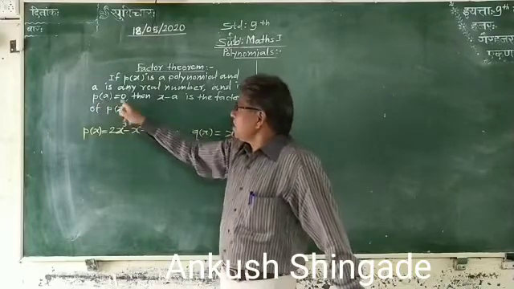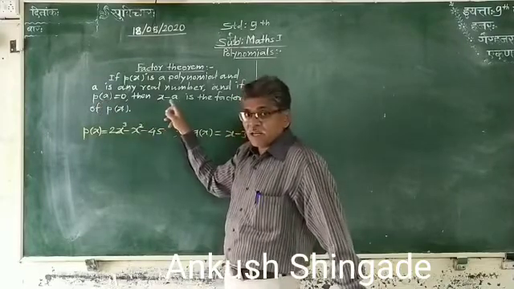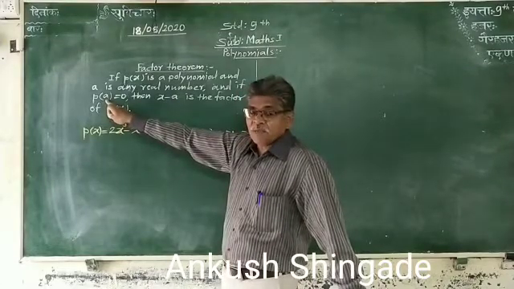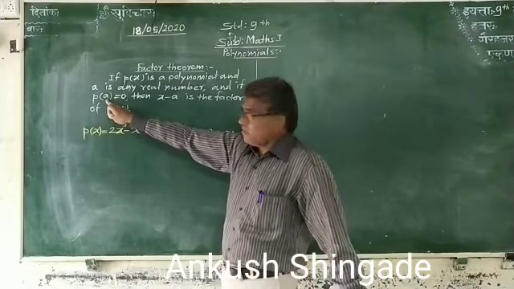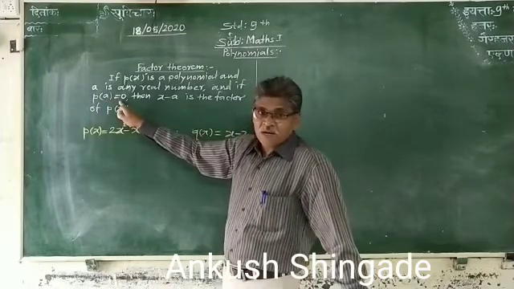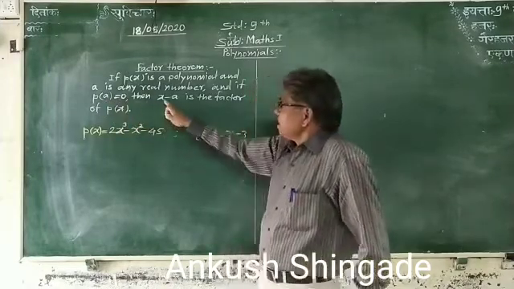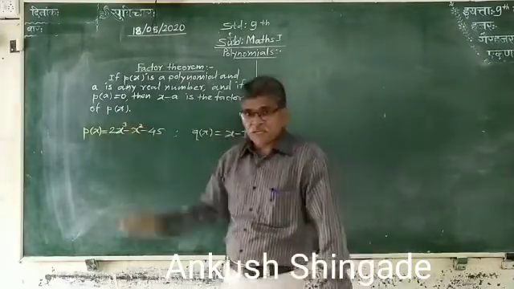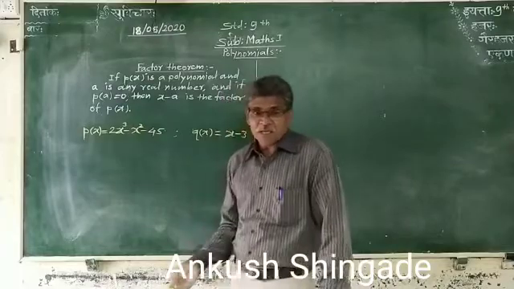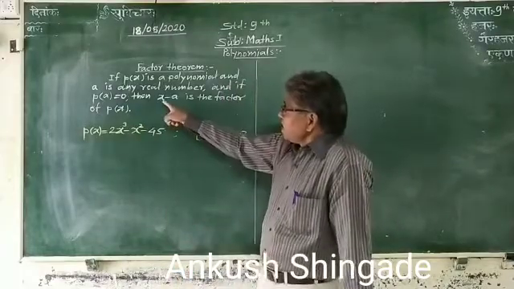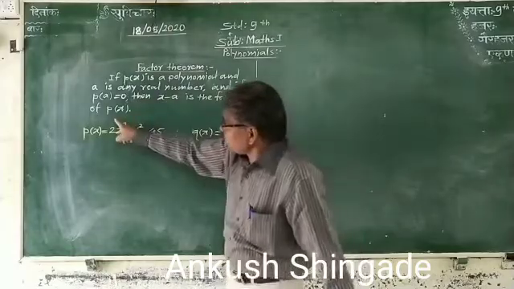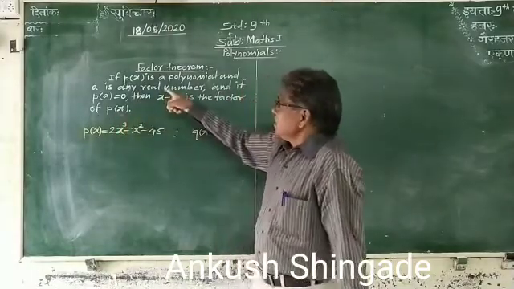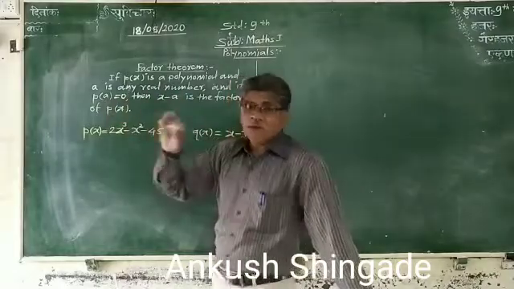That means in P, for x minus a, x equal to plus a. We replace x by a, and if we get the remainder 0, then we say that x minus a is the factor of Px. Conversely, if x minus a is the factor of Px, then Pa equal to 0.